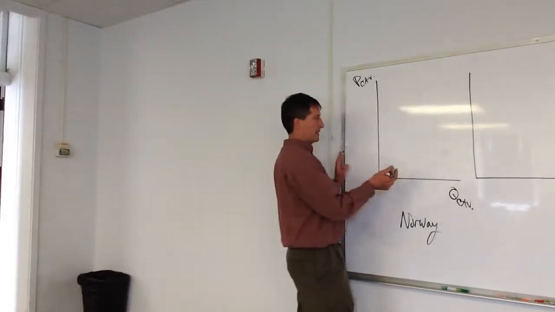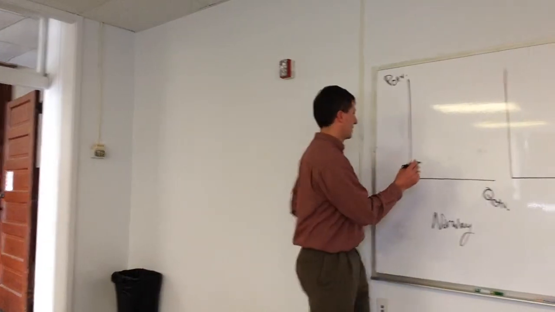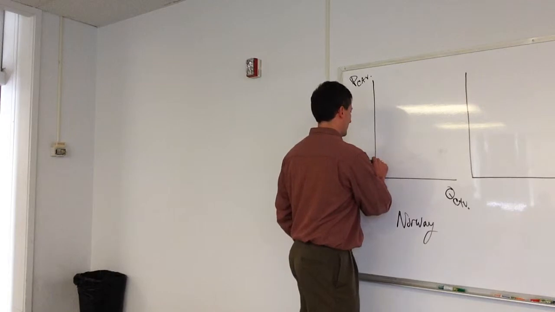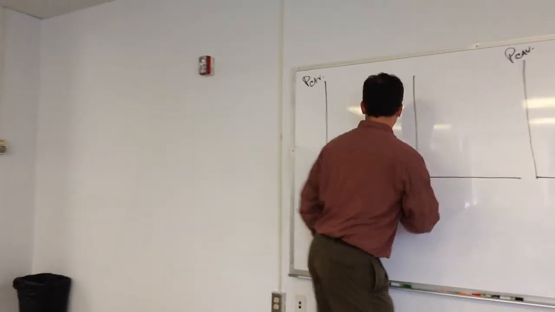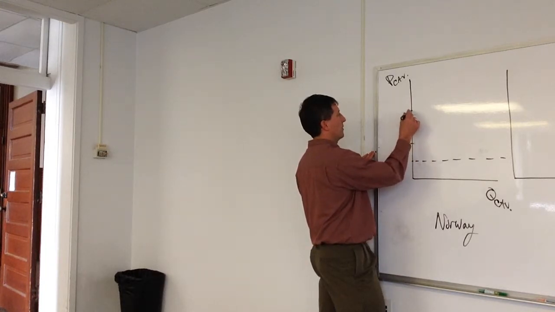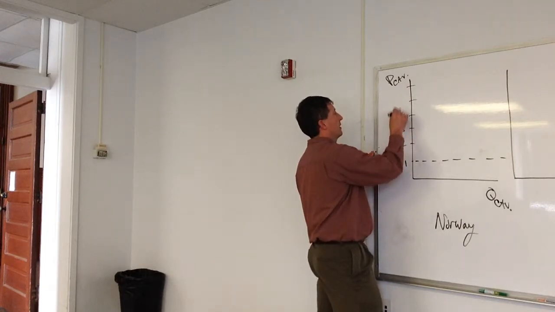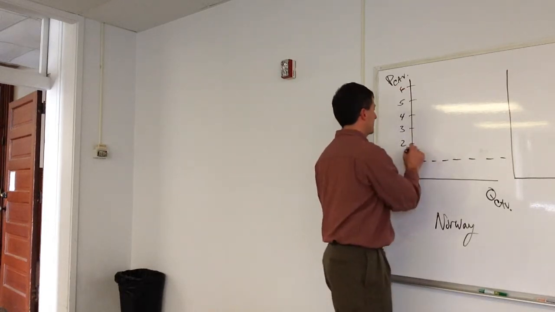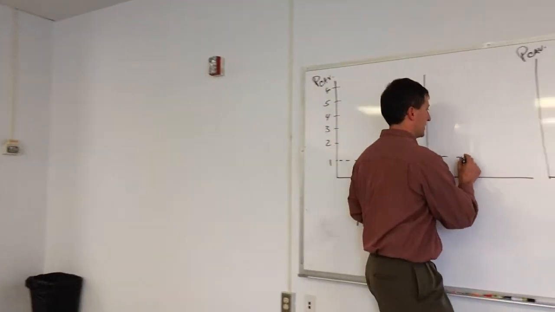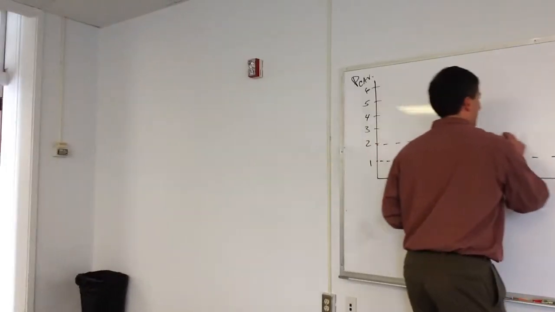And so let's say that I might as well get some lines going here first. What I want you to do is do equal spacing here: 1, 2, 3, 4, 5, 6. Let's go up to 6. And then on your graph, I just want you to extend some hash marks all the way across the page.